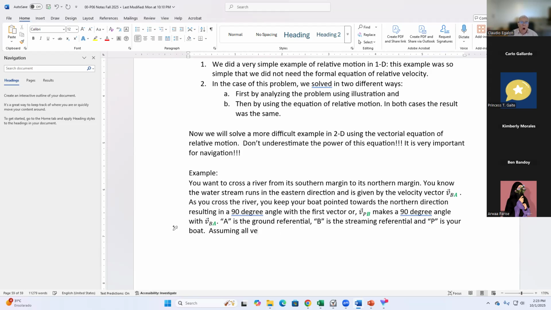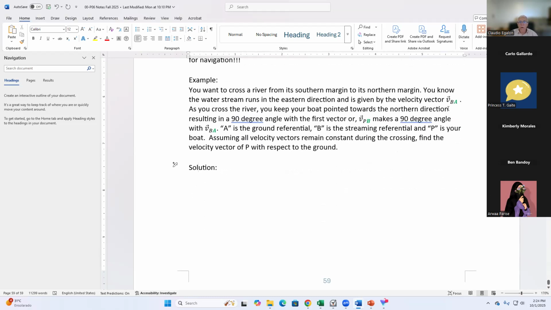Assuming all velocity vectors remain constant during the crossing, find the velocity vector of P with respect to the ground. Okay? Solution. What do you know?